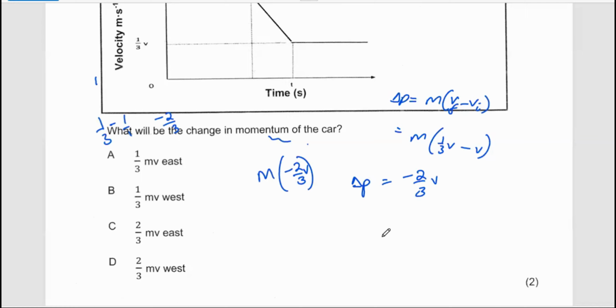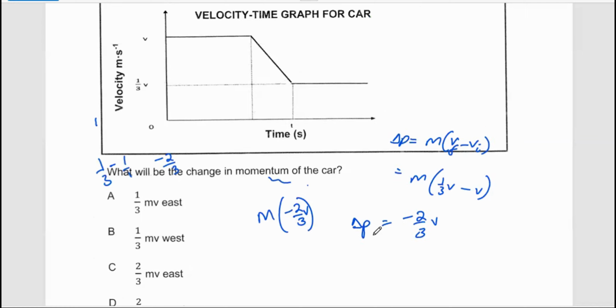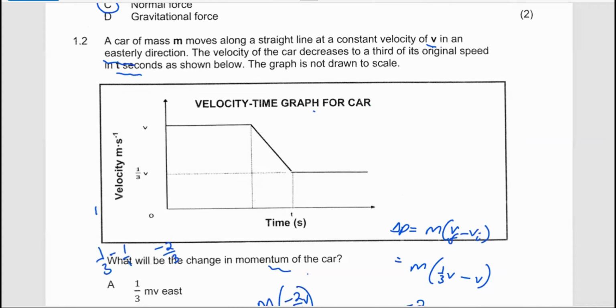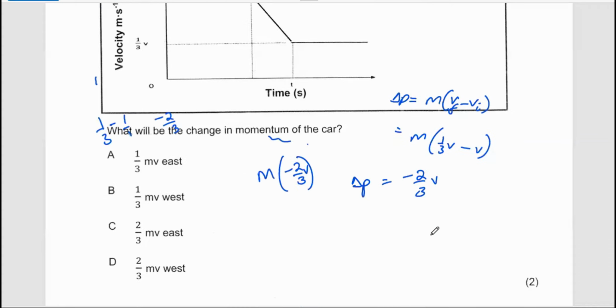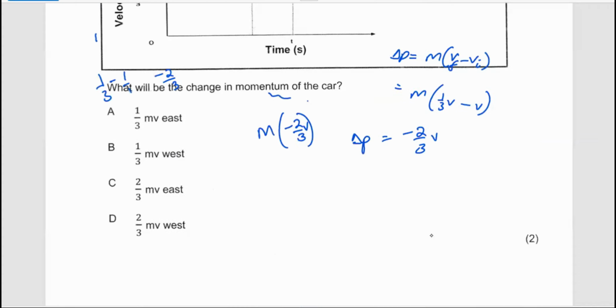Now, since the initial direction was easterly, the negative simply indicates the opposite direction. So our change in momentum will be to the west. So 2 over 3v, but west. 2 over 3, we're talking of mv, because we don't have the value of mv. So 2 over 3 mv west, which is option D.